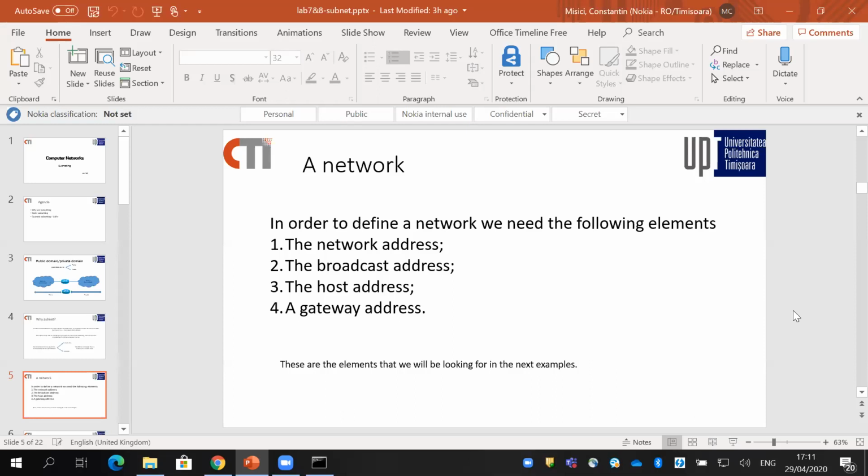The last and certainly not least are the host addresses. What's a host? Can you try to give me examples of hosts within a network?